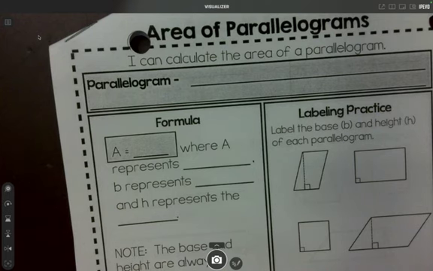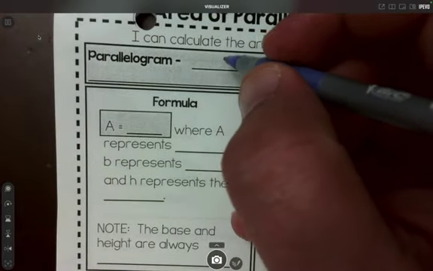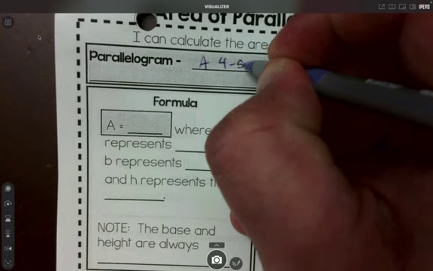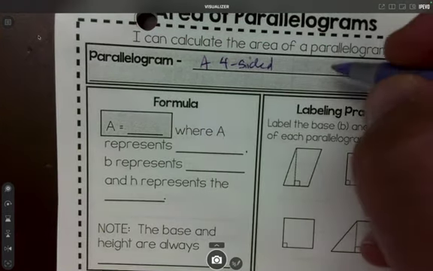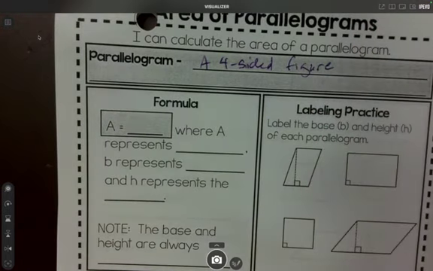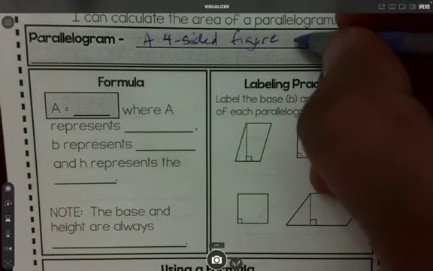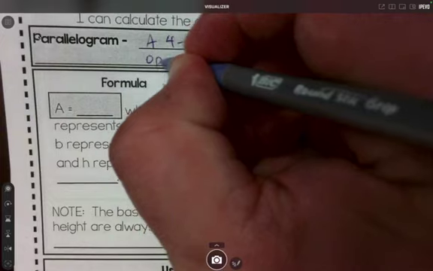The first is a parallelogram. So a parallelogram, which we've talked about when we did the quadrilateral lesson, is a four-sided figure whose opposite sides are parallel.